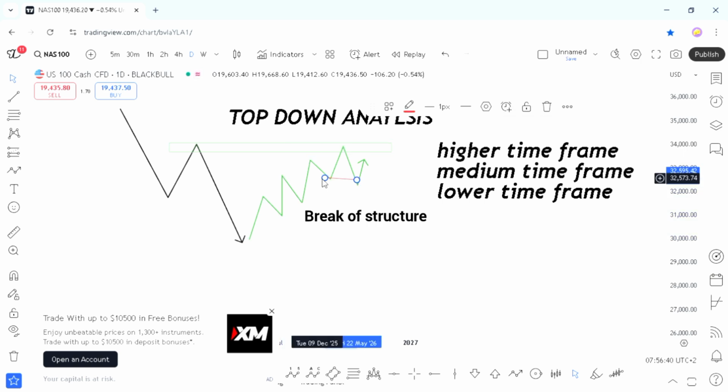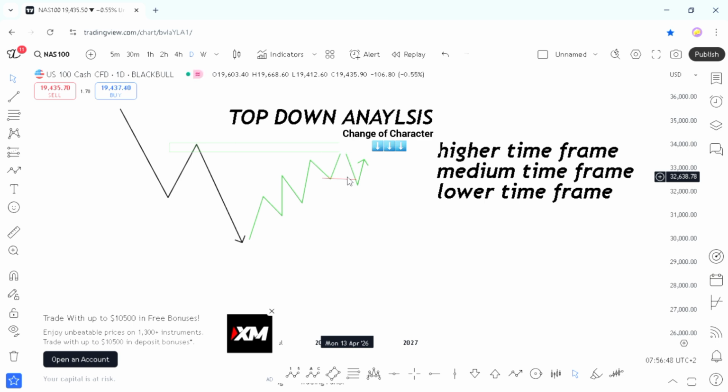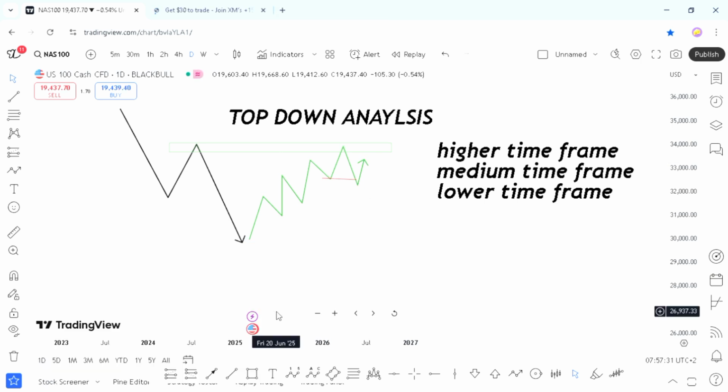So this means that we had a break of structure there, and what you should simply do is wait for a change of character. It happened: we created a high and then we started to create a new low with a break of structure. I hope you understand exactly what I just explained right here. I tried as much as I can to break it down for you to understand.